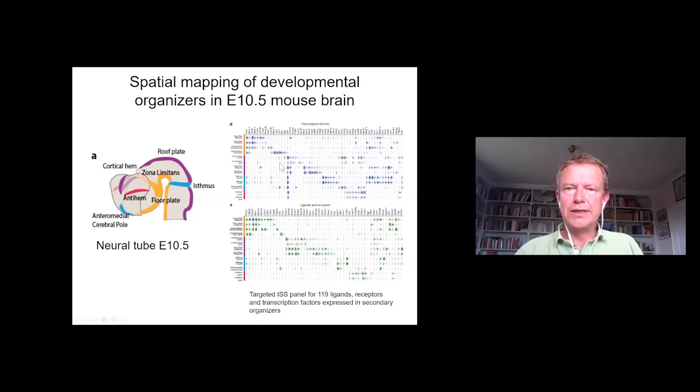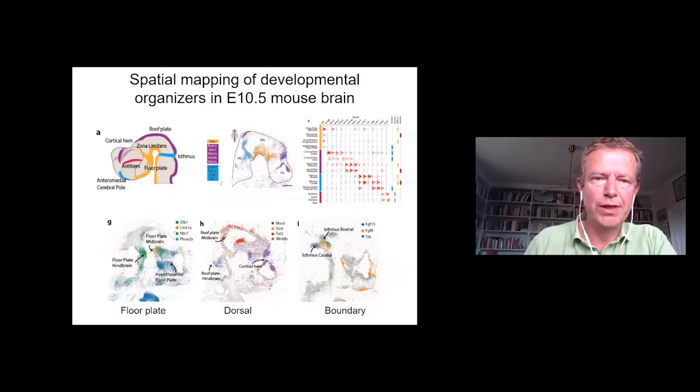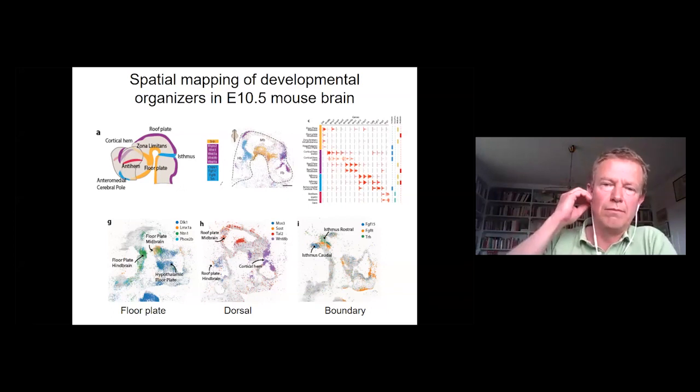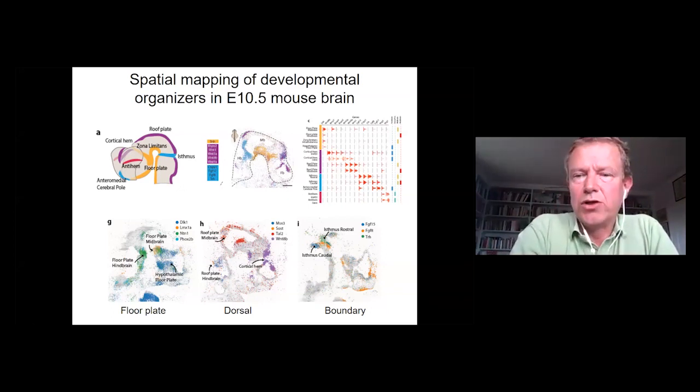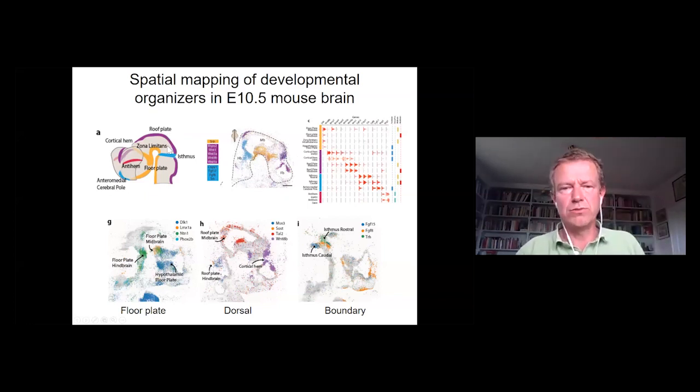And they had identified 119 ligands, receptors, and transcription factors that seem to be important, expressed in these organizers. So we designed probes for the 119 genes and applied in situ on several series of sections of a whole embryo, and could confirm the predictions, and I could see that the genes fall very nicely into the different organizer zones.